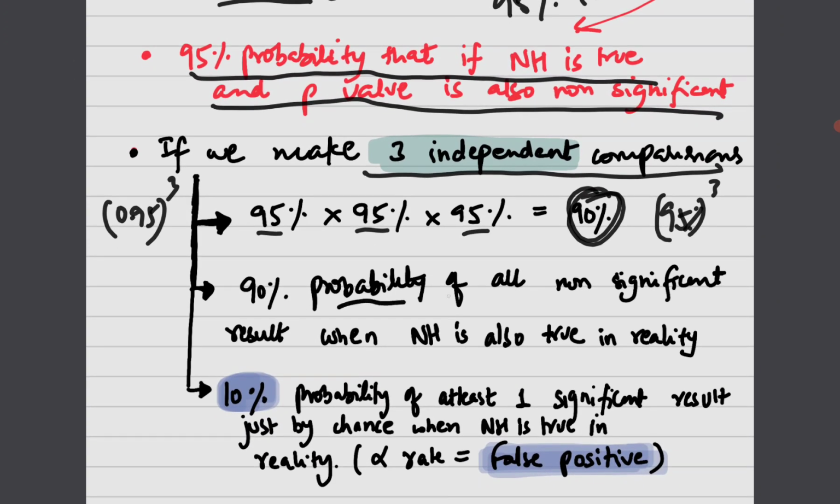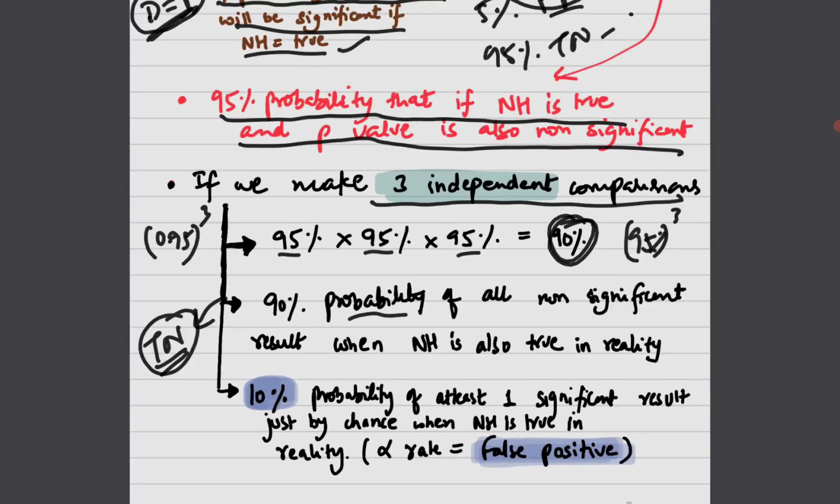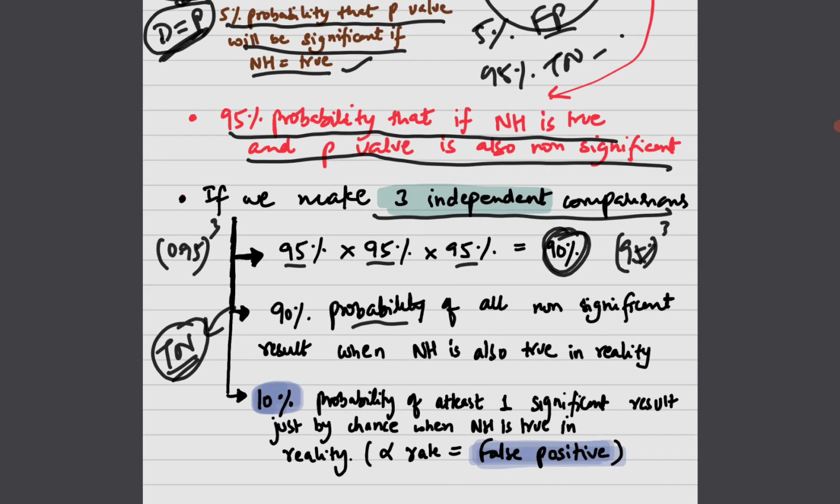It means that there is a 90% probability that all the 3 comparisons will have non-significant values when the null hypothesis is true in reality. So this is the true negative rate for all 3 comparisons combined: the probability that when the null hypothesis is true in all 3 experiments, the p-value will also be non-significant in all 3 experiments.